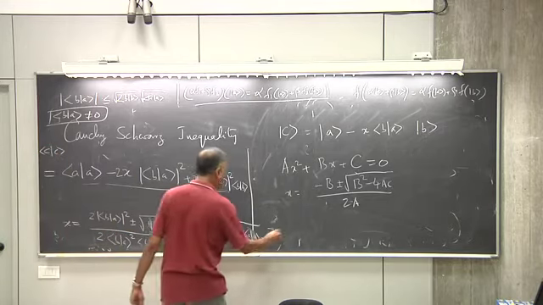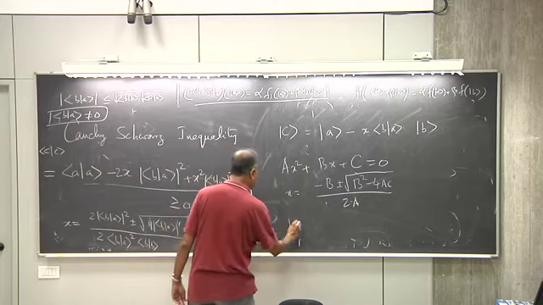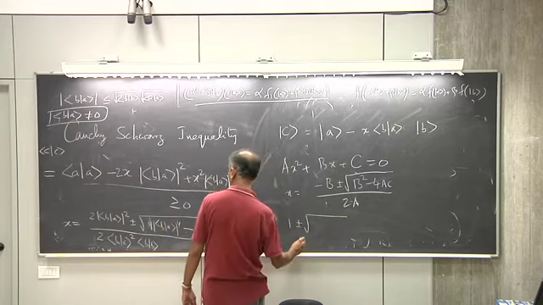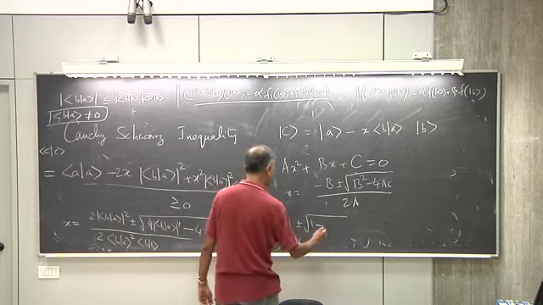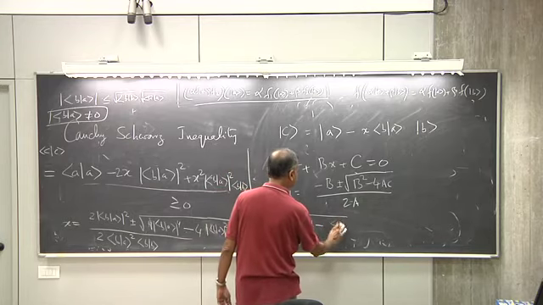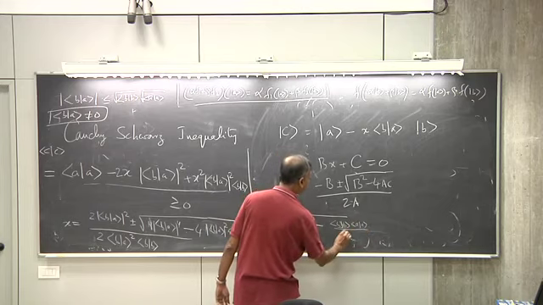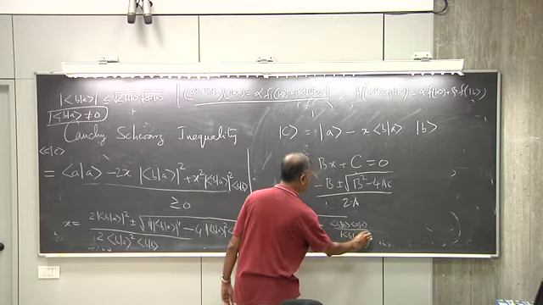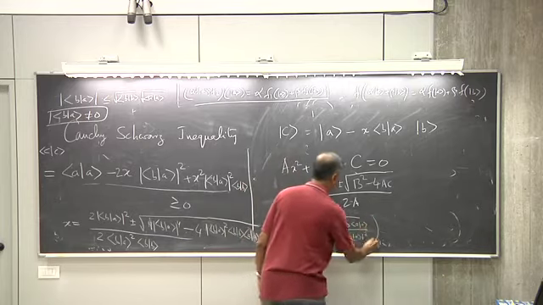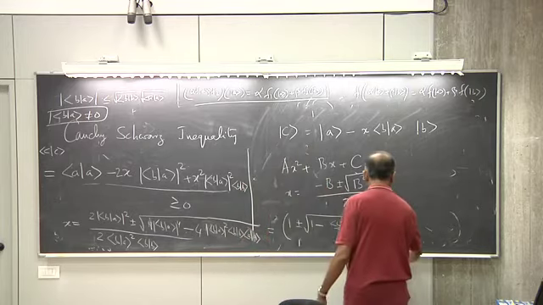And you find here 1 plus minus square root of 1 minus BB AA divided by BA squared, and this whole thing divided by BB.